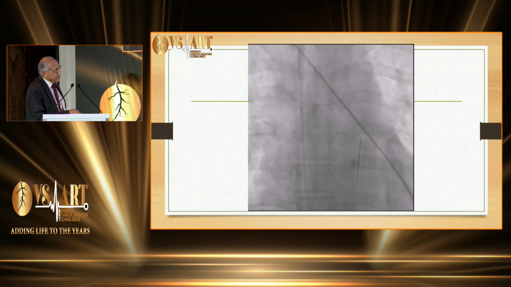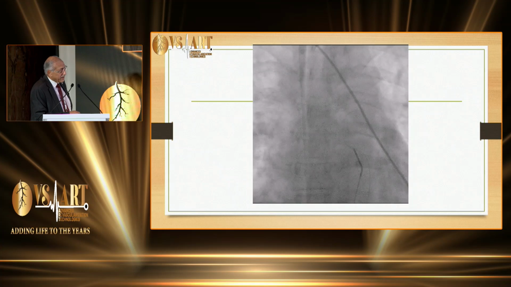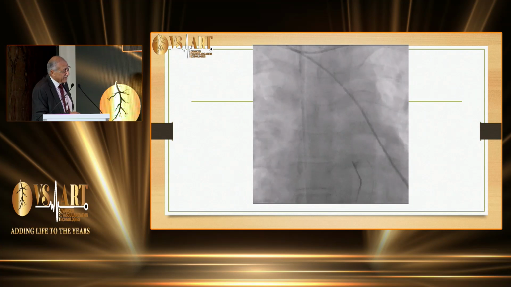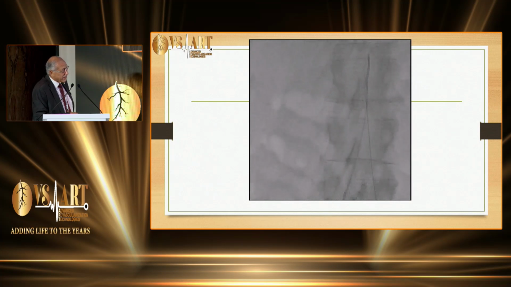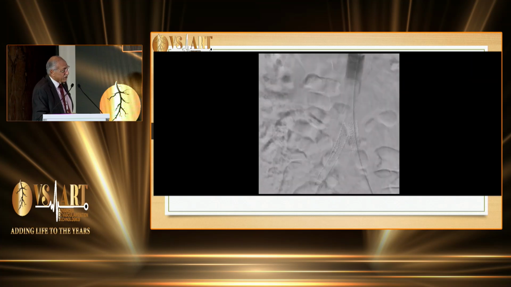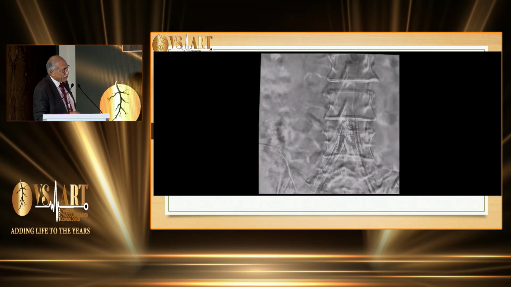And this is the wire coming from the left side and the snare from the right side, and we snared the wire and went back nearly to the bifurcation. We thought that the situation ended, and now we injected from the left side.